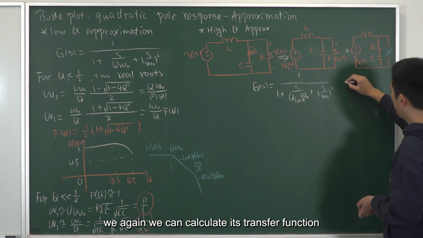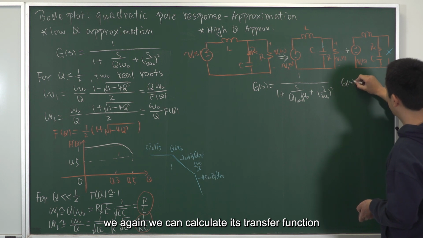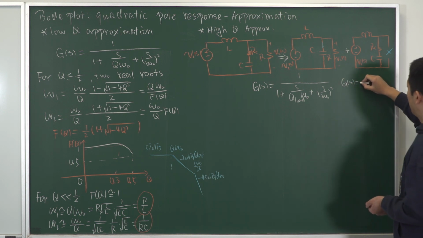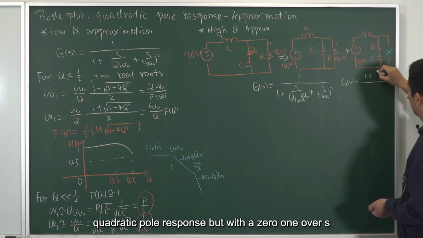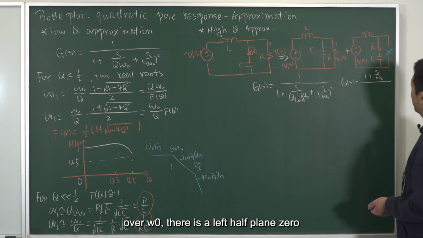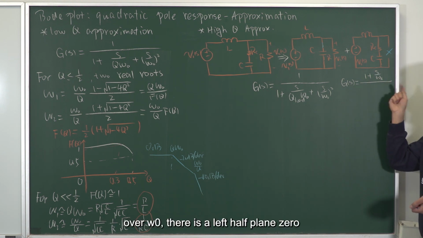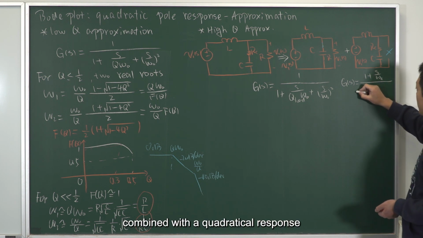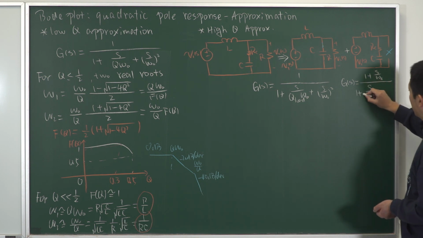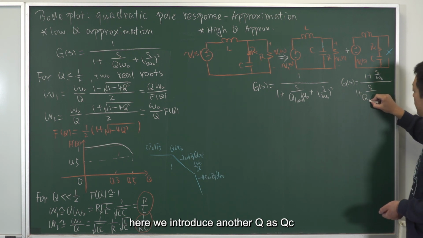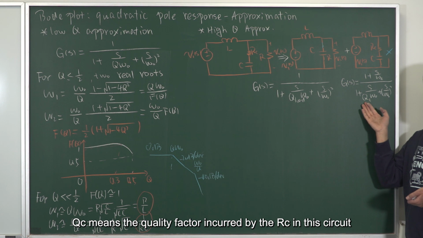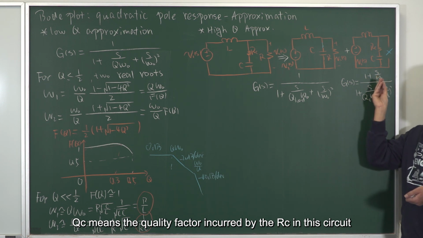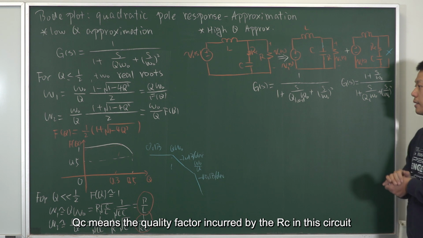We can calculate its transfer function, which is also a quadratic pole response, but with a zero: 1 plus s over omega 0. There is a left half plane zero combined with a quadratic pole response. Here we introduce another Q as QC. QC means the quality factor incurred by the RC in this circuit.